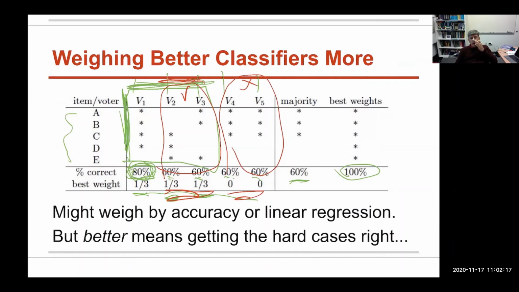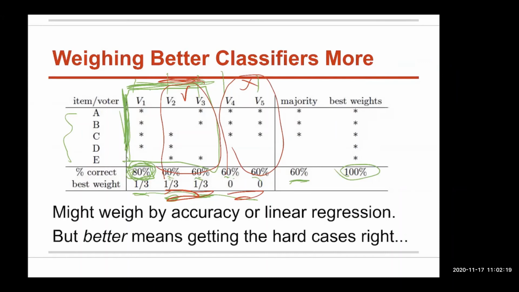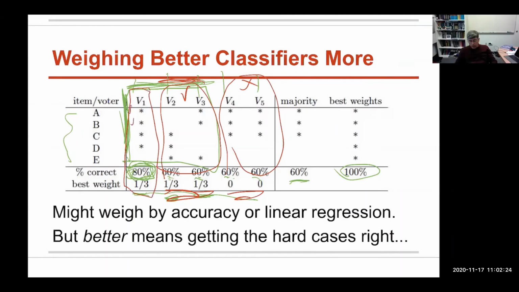The reason is because V1, the most accurate tree, already got these 4 right. These 4 examples it already got right. The example that it was having trouble with was example E. Trees 2 and 3 happened to get example E correctly, right?